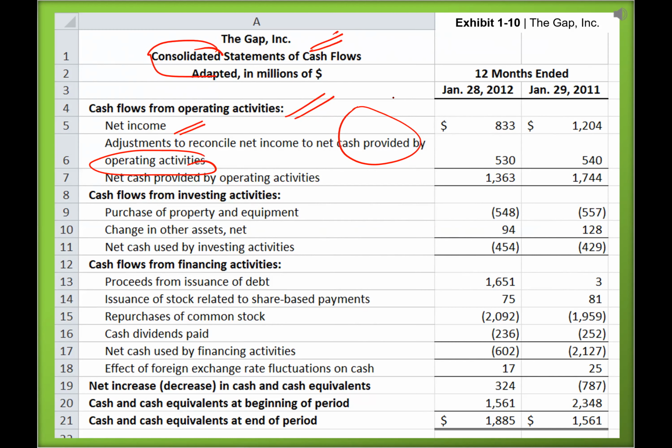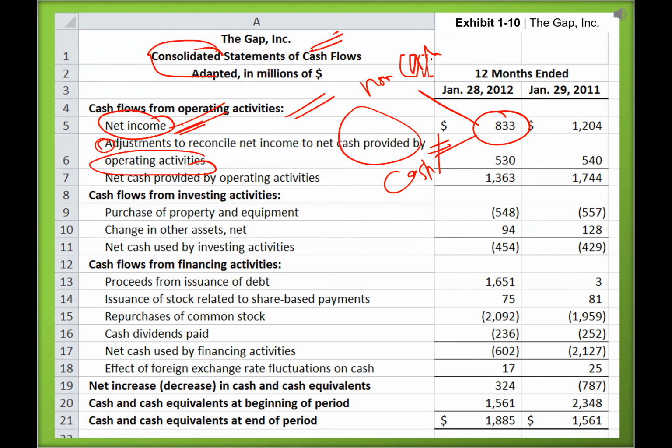So why do we write down net income here? And what do we mean by adjustment here? This net income, for example this $833 million, doesn't mean that you actually have that cash. Why? Cash can be above $833 million or below, because there are some non-cash expenses involved here. Sorry about my handwriting.